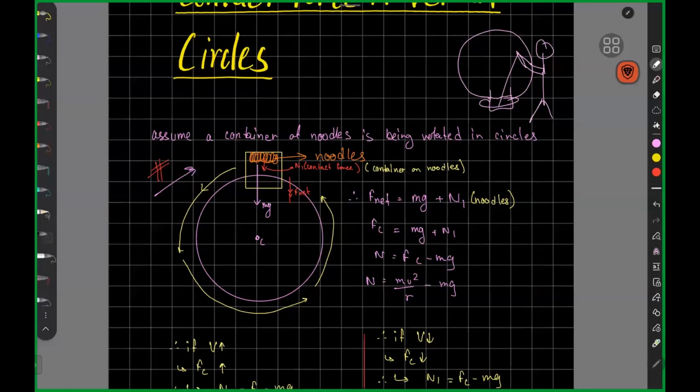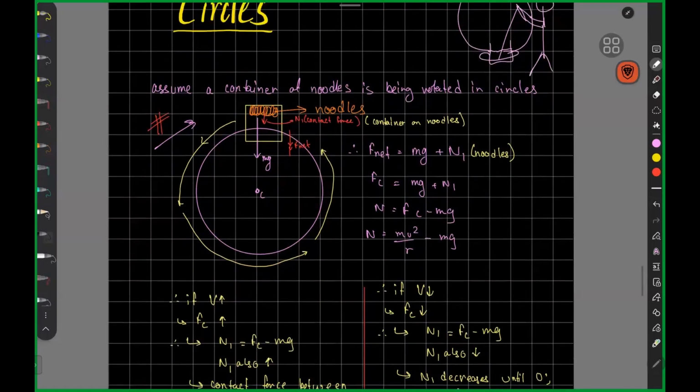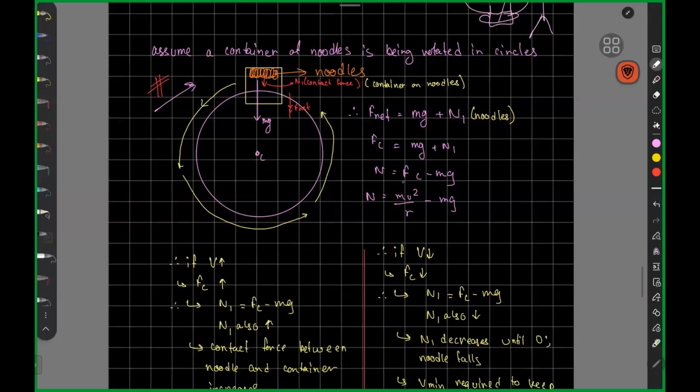So I can say the net force, Fc, equals the sum of the weight and the normal reaction force. Finally, if I make the normal reaction force the subject, then I have the centripetal force minus mg equals my normal reaction force.